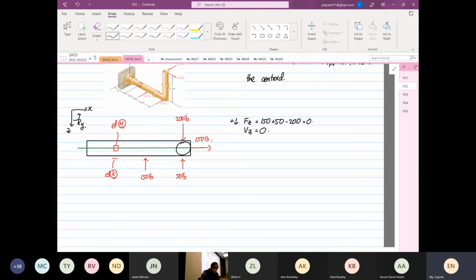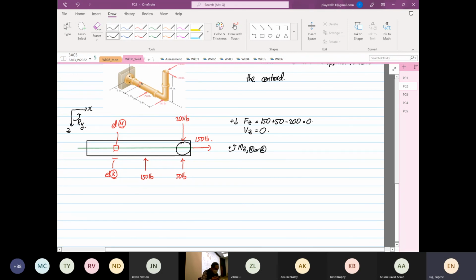Now the next one is, how about the moment? So I'm going to take any moment that's anti-clockwise, moment about Z, to be equal to any moment. Over here, the moment in Z is taken at point H or element K, either one.